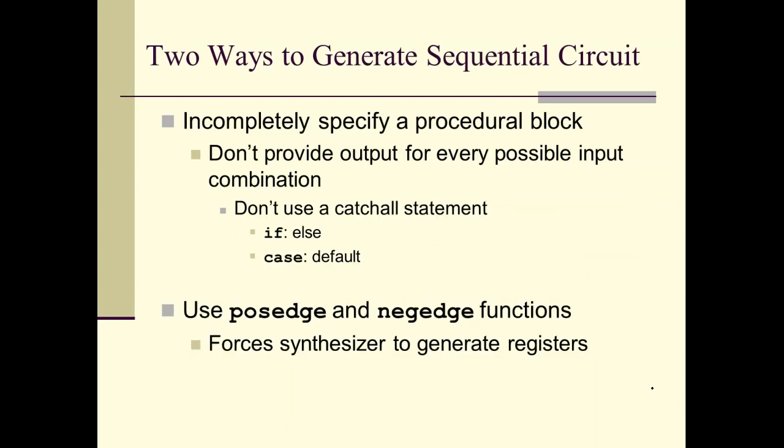There are two ways to generate a sequential circuit using Verilog. Number one is you incompletely specify the outputs in a procedural block. That means you don't provide an output for every possible input combination.